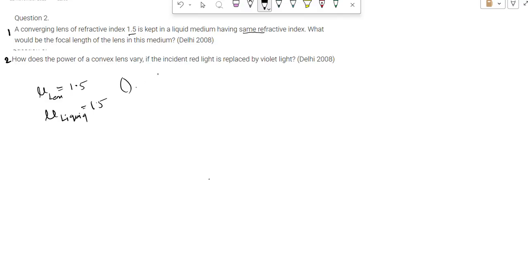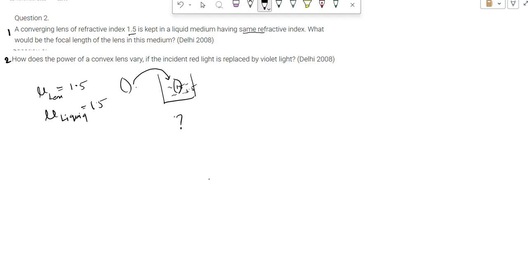Now you take your lens and one liquid in a bucket. Take the lens and put it inside that liquid. It has refractive index 1.5. So what will happen?